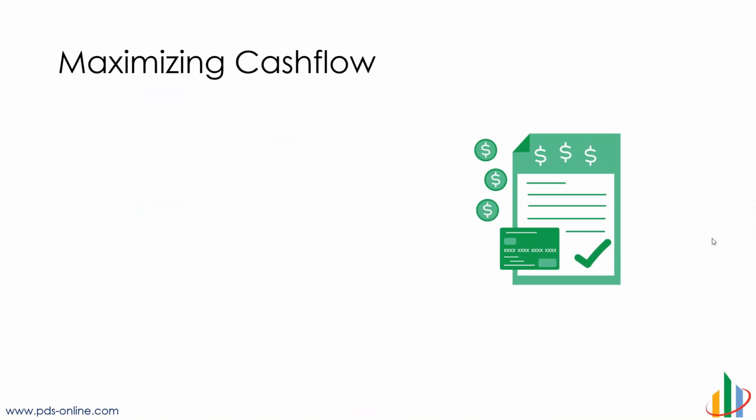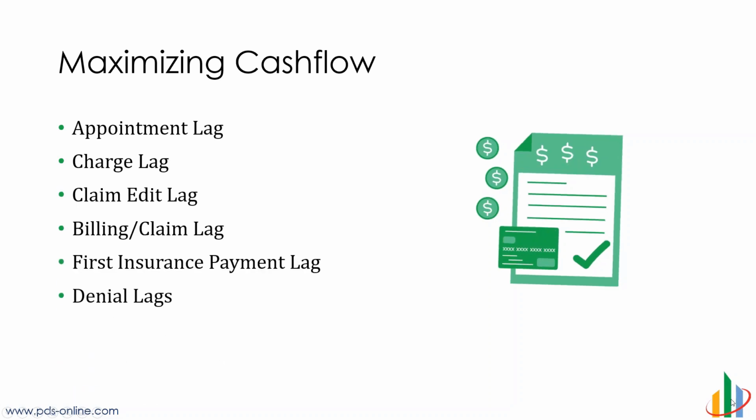The third area we want to talk about to drive that revenue to the bottom line is maximizing cash flow. So there are lags associated with the revenue cycle that really start before the patient even is seen in the practice. When a patient calls the practice for the first time to try to get an appointment, or if they're being referred by an outside provider, how long is it taking us to get that patient in to be seen?